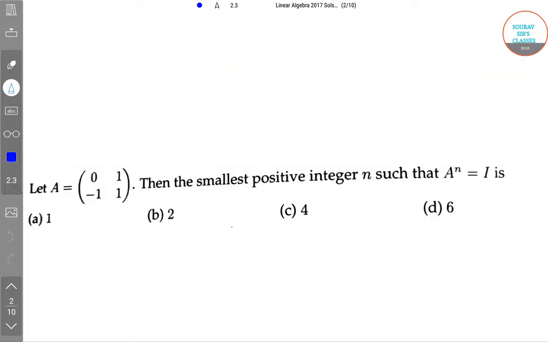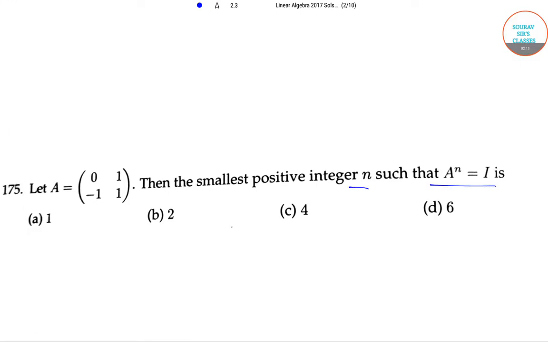The next question is, let A is equal to [0, 1; -1, 1], then the smallest positive integer n such that A to the power n is equal to I is. So let us calculate A squared, that is [0, 1; -1, 1] times [0, 1; -1, 1], which gives us 0 into 0 plus 1 into minus 1, so minus 1. 0 into 1 is 0 plus 1 into 1, so 1.